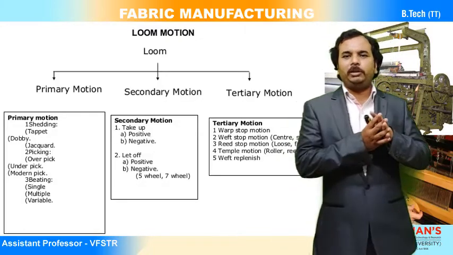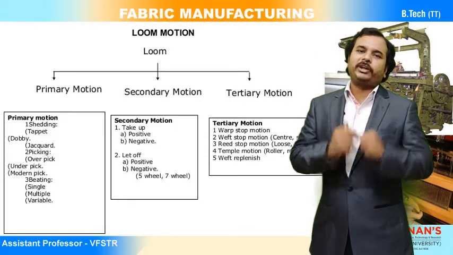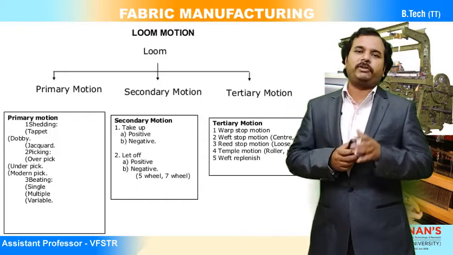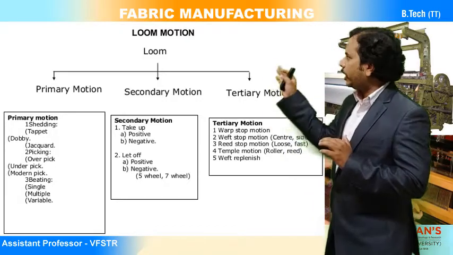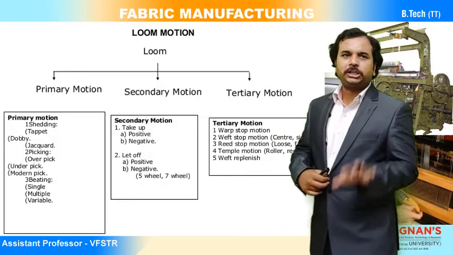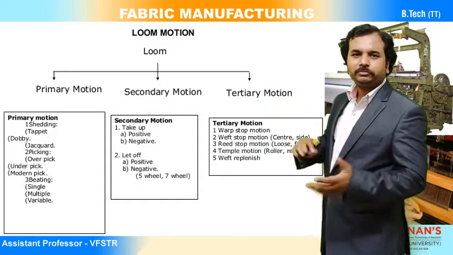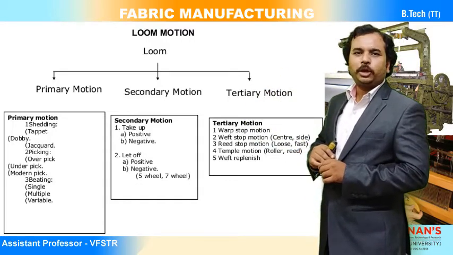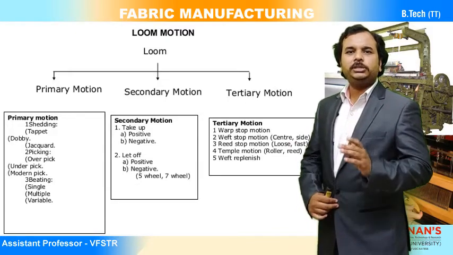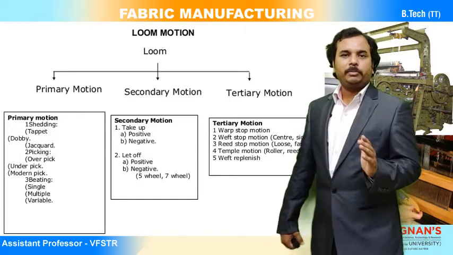First shed opening will be done. Then weft insertion will be done. After weft insertion, the newly inserted weft yarn is beaten towards the fell of the cloth. So you have to remember the order and not change it. You cannot do beat up first, shedding second, picking third. So shedding, picking and beat up are the primary motions.